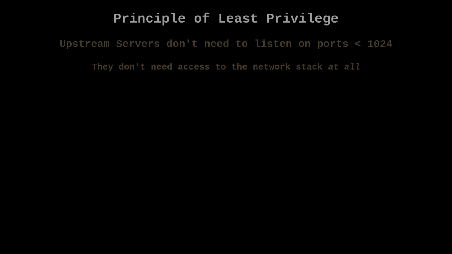In the case of the transparent reverse proxy, the upstream servers don't need to listen on privileged ports. In fact, they don't need to listen on the network stack at all.